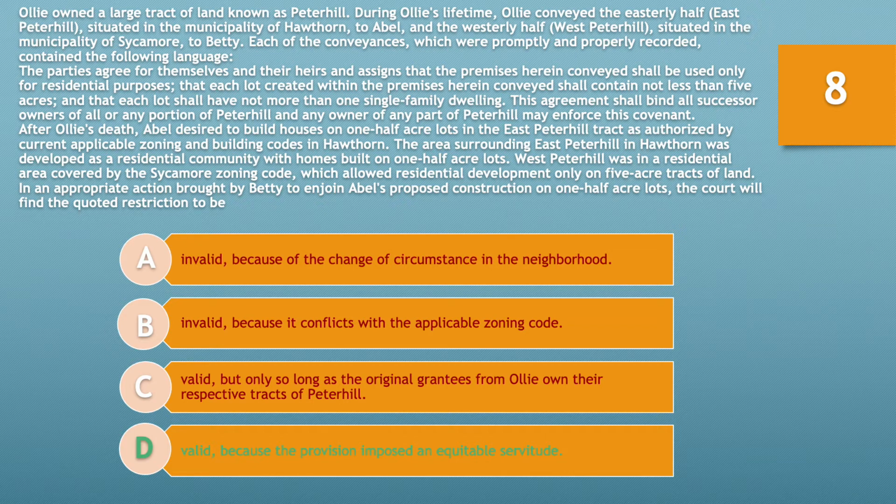B, invalid because it conflicts with the applicable zoning code. Now, contractual terms do not have to comply with the applicable zoning code, only that they must be appropriate under the applicable zoning code. Otherwise, that particular portion of the contract may be stricken.